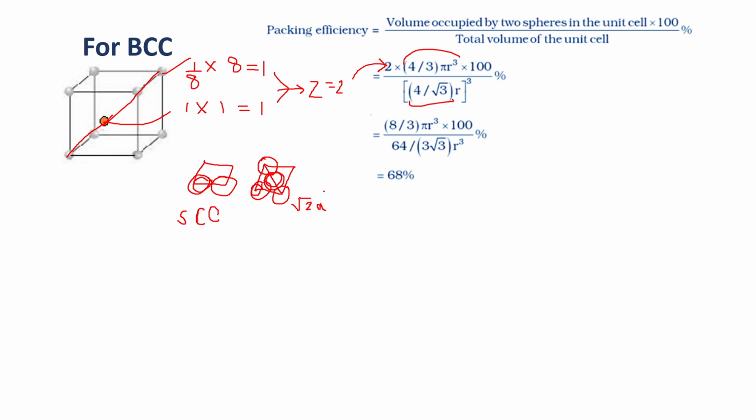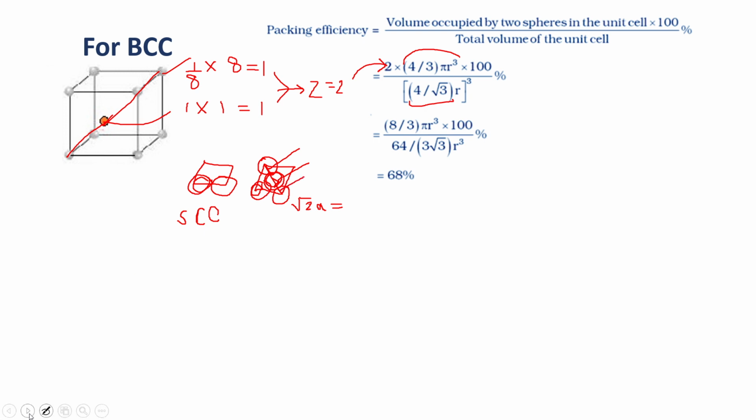So the diagonal comes out to be under root 2a. For this length, how many spheres are there? 1 radius, these 2 radius, and this 1 radius.